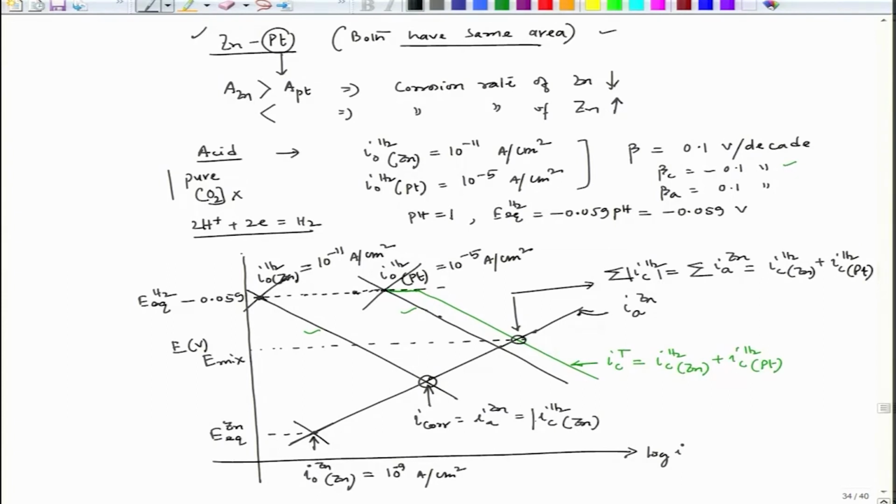Of course, this is the mod, because that negative sign is nothing but the current, this IC is flowing opposite to IA, and this would have been my E corr, and this is the condition when platinum is not present.